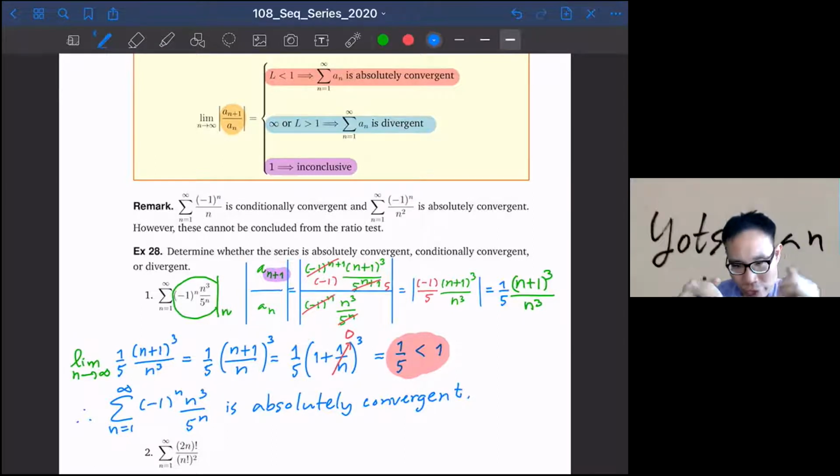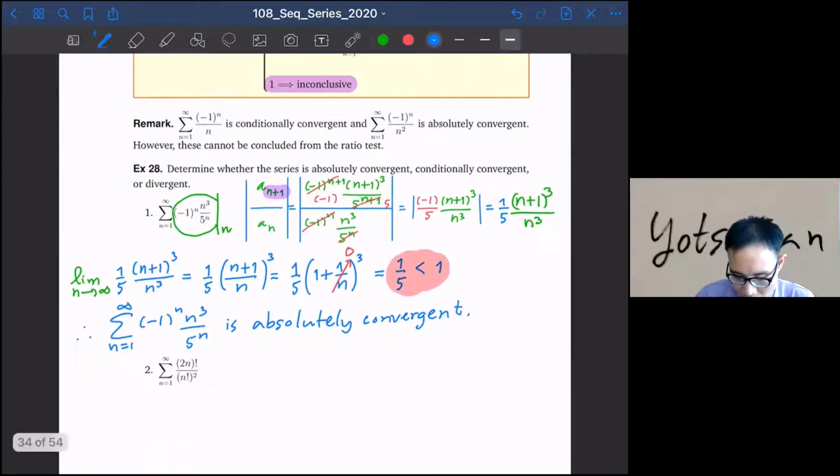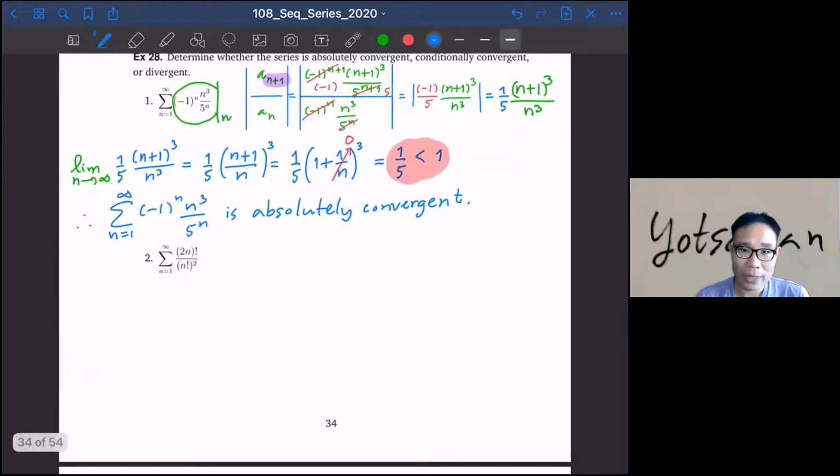This trick will be used in the following section as well, so I teach you slowly. The next one, like I said, you may have to perform a little bit of algebra for this technique.